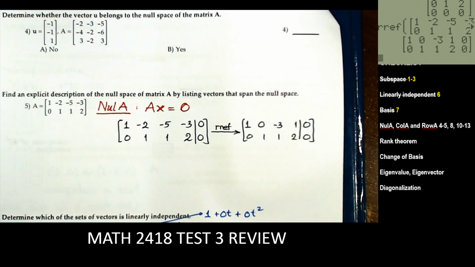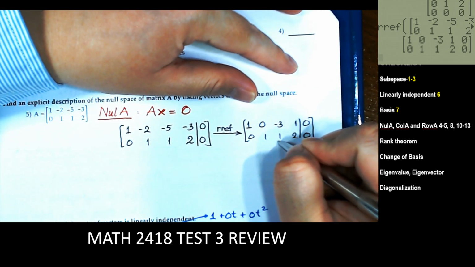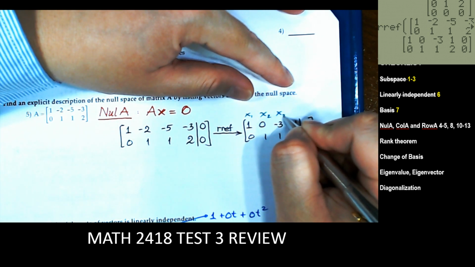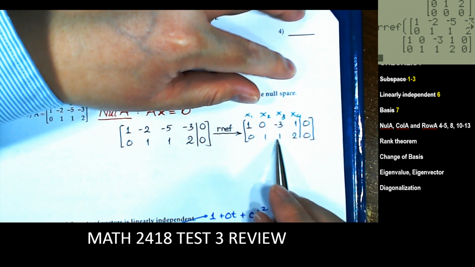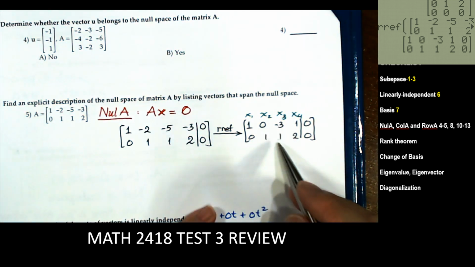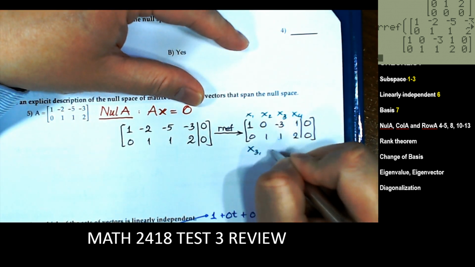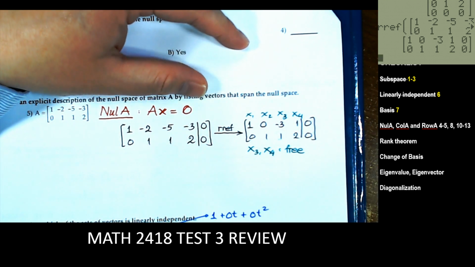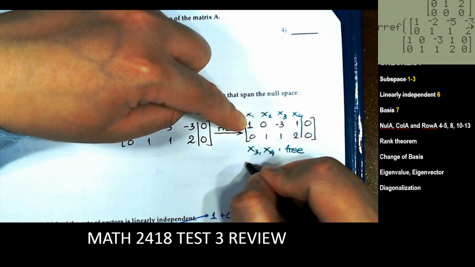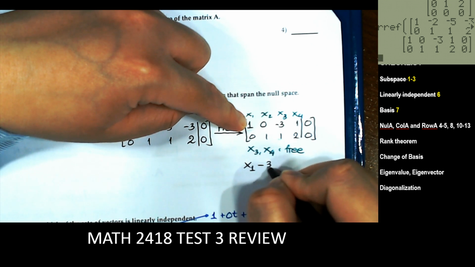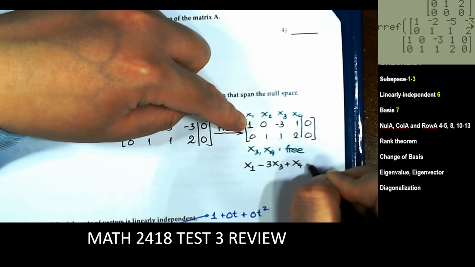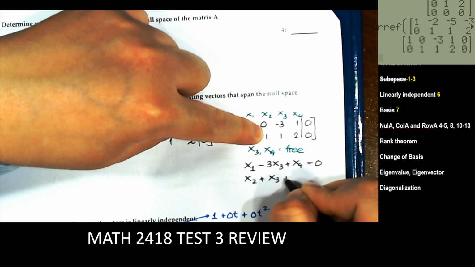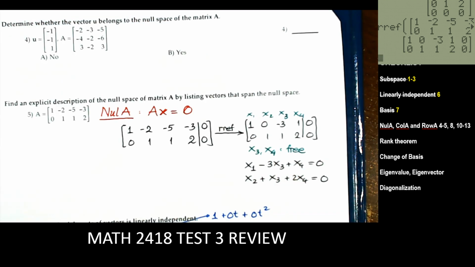So we have this. What we see here is that there will be 4 columns, each one corresponding to x1 to x4, and x3 and x4 do not have a pivot entry, so they are free. The first equation is equivalent to x1 minus 3x3 plus x4 equal to 0, and x2 plus x3 plus 2x4 equal to 0 for the second equation.